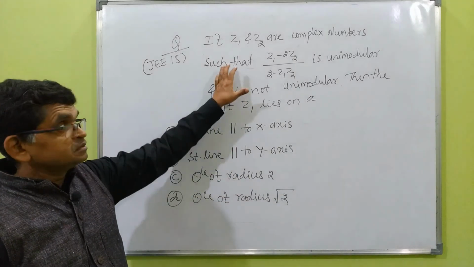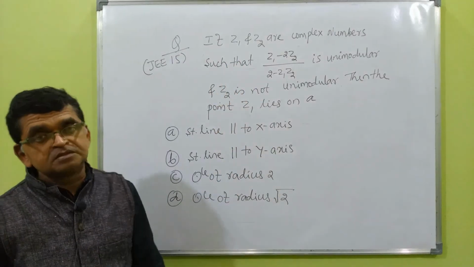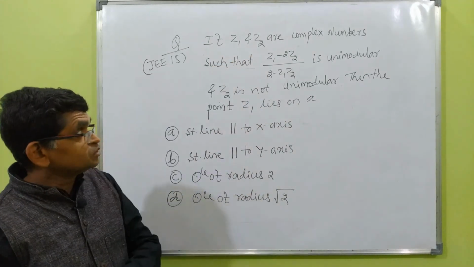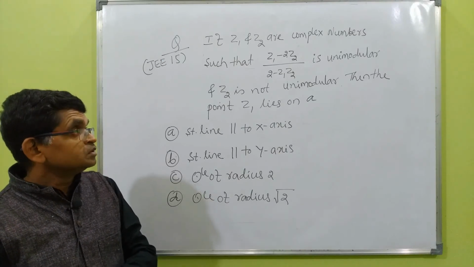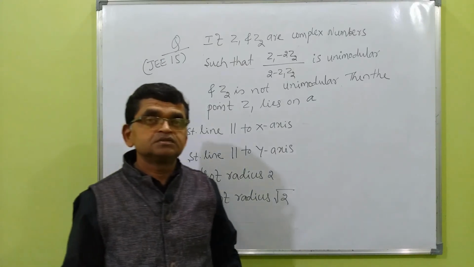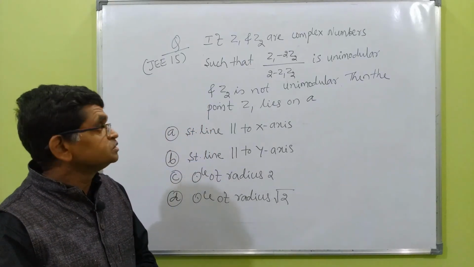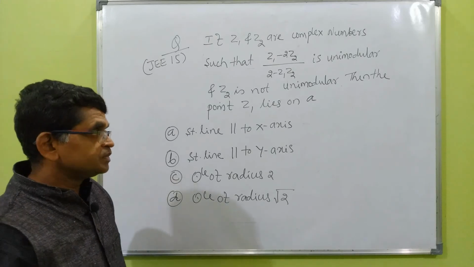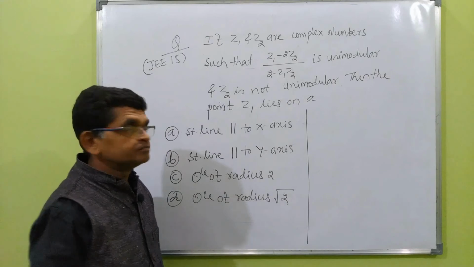See, this is another interesting example and asked once in JEE also. If z1 and z2 are two complex numbers such that z1 minus 2 z2 over 2 minus z1 z2 is unimodular, and z2 is not unimodular. Unimodular means whose magnitude is equal to 1.